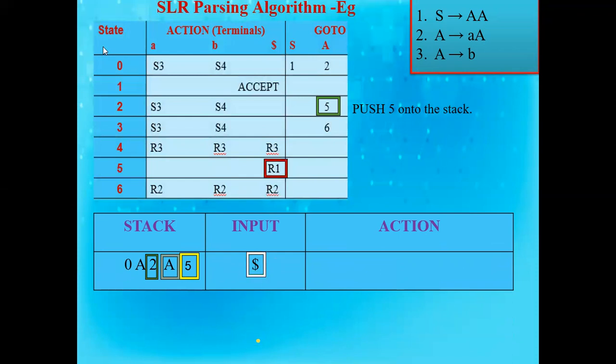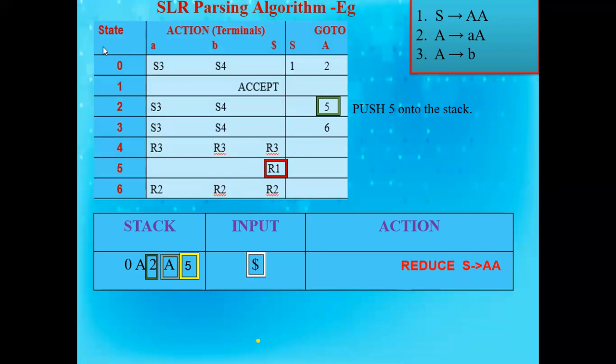Again take state number 5 and the dollar symbol, and the production is R1. So again do the reduce operation, that is R1, S gives AA. Here also there are two symbols, so pop 4 symbols, that is 1, 2, 3, 4, pop till up to here, and we can place the left hand side non-terminal on the stack, that is S can be pushed onto the stack.